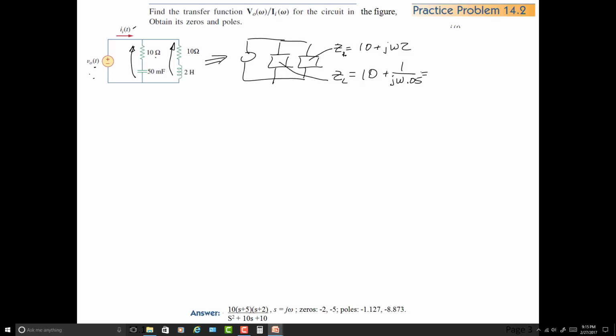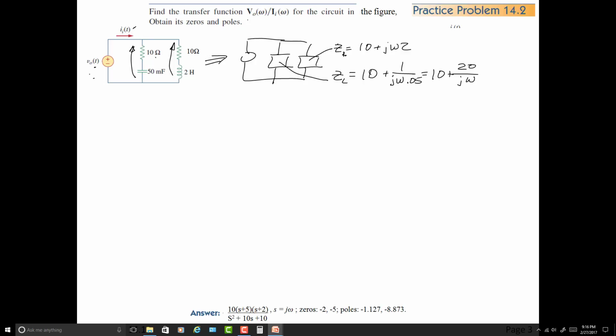So that one might need a little cleaning up as 10, and we can keep this as plus or minus or whatever we choose. But the 0.05 up top will be, let's just do this, plus 20 over J omega.